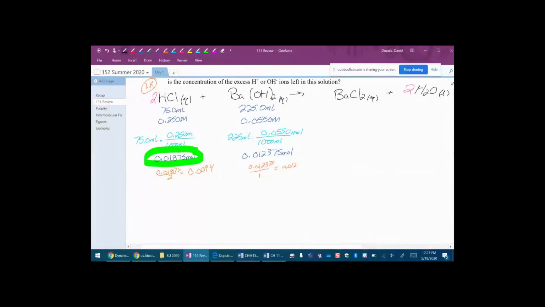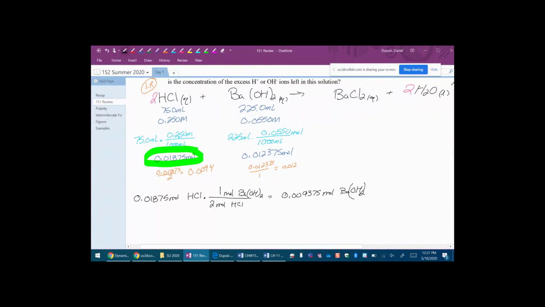So I have 0.01875 moles of HCl. And we know it's 2 moles of HCl, 1 mole of BaOH2, right? So that's 0.009375 moles of BaOH2.